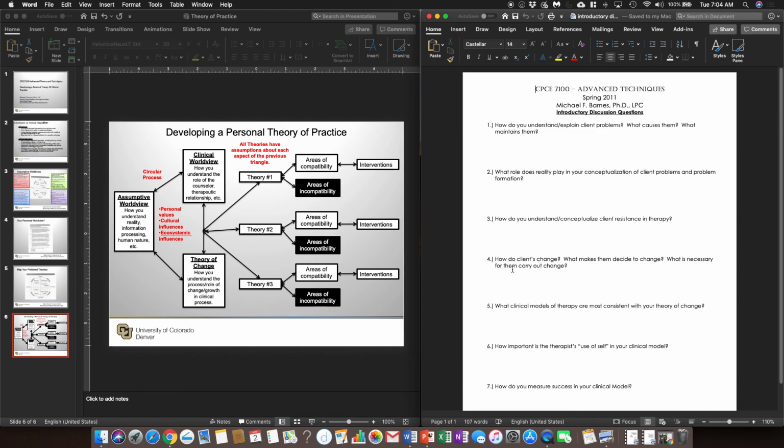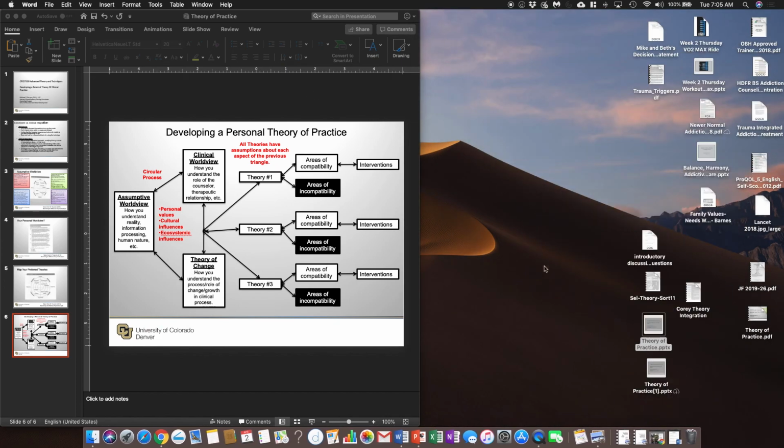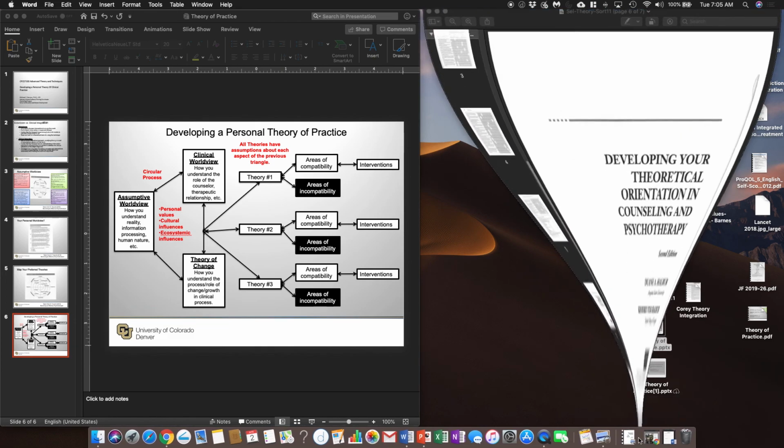So if you look at these questions and you begin to kind of evaluate where you fall in those, it will probably give you a very good idea of where you fall in terms of your assumptive worldview, your clinical worldview, and your theory of change. And as you begin to look at the answers that you provided to these questions, there's another assessment that I want to introduce you to.